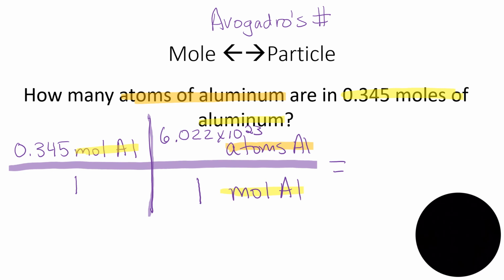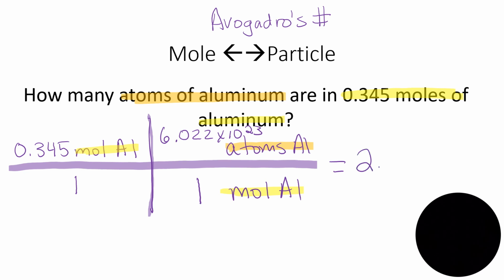You're going to multiply across the top, multiply across the bottom, and divide. In this case, we were dividing by 1. So I'm going to multiply across the top. And when I look at my sig figs, I have 3 sig figs when I started, 4 in my Avogadro's number, so I should have 3 sig figs in my final answer.